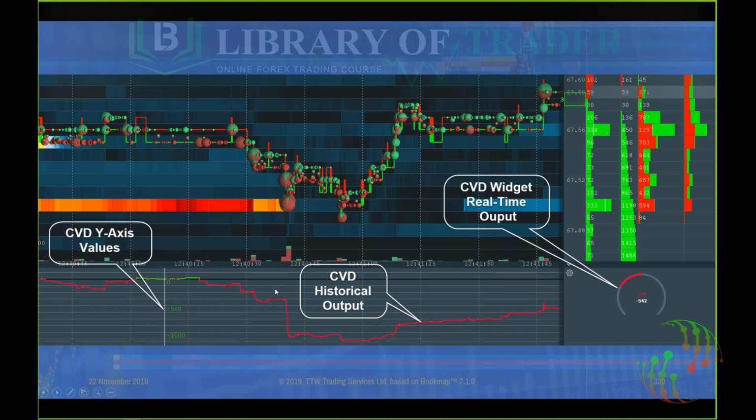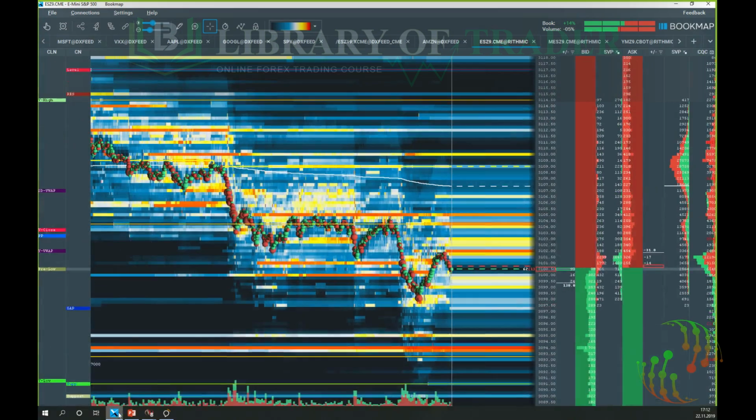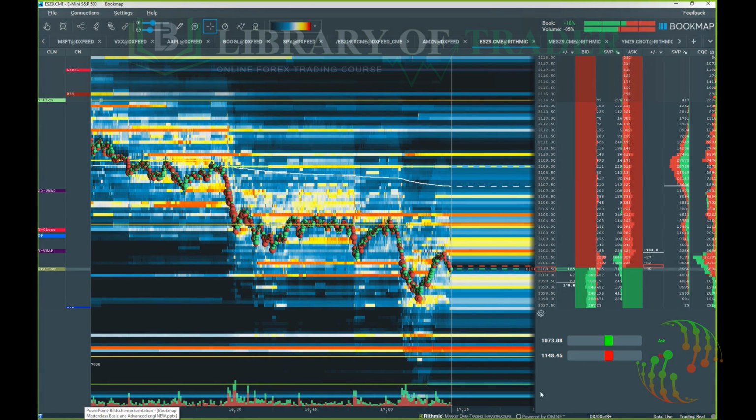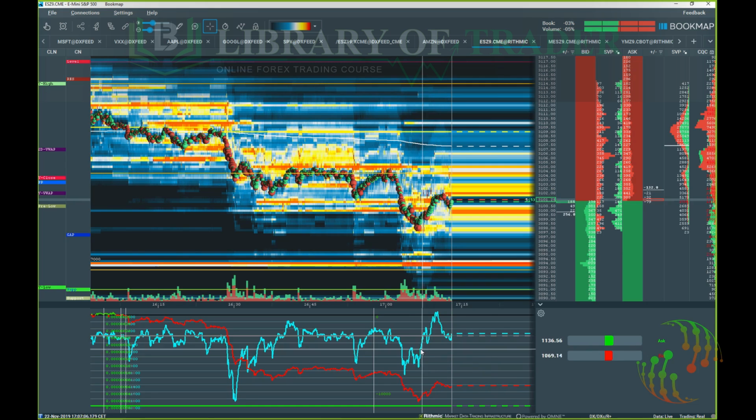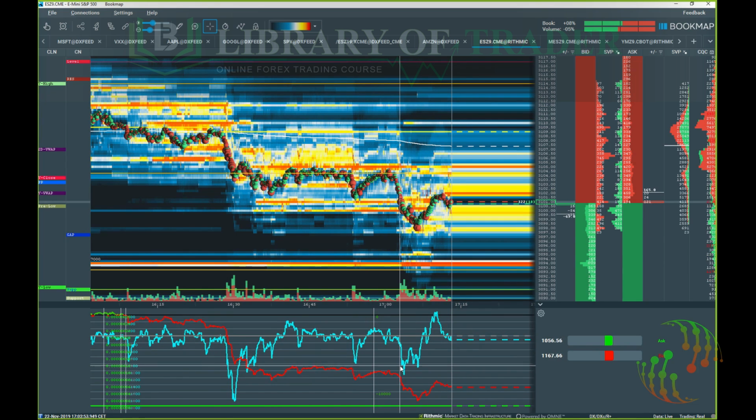That's very, very obvious. So in your Bookmap you have the y-axis values displayed by the thin white line. You have the historical output here, and you have the CVD widget displayed here. So this is the widget area, and this is the y-axis, the numbers of the indicators based in this area.